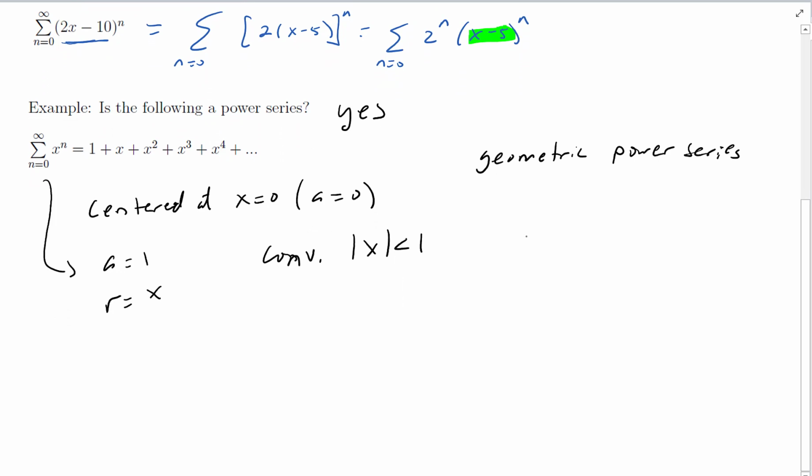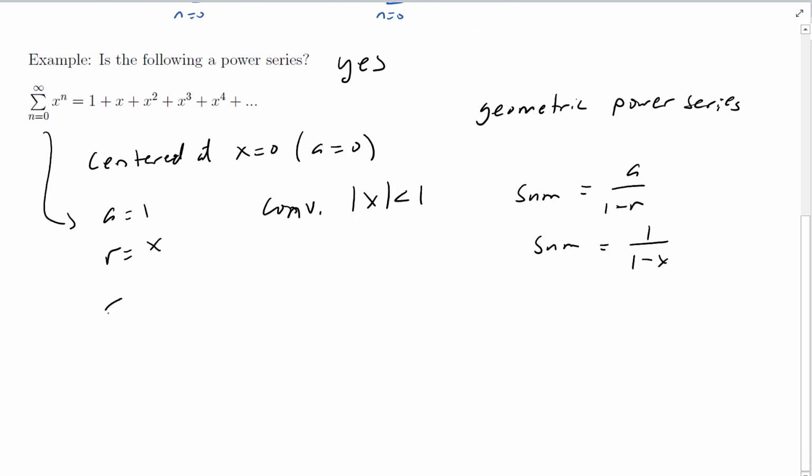And we know that the sum of this thing, based on formula, is a over 1 minus r. Or in other words, we get our sum is equal to 1 over 1 minus x. So we have this geometric power series, x to the n, starts off at 0, that's important, is equal to 1 over 1 minus x if the absolute value of x is less than 1.